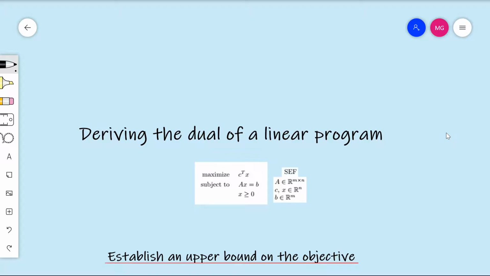Specifically, we're going to derive the dual of a linear program when that linear program is in standard equality form. So really, in order to start this topic, all we need to know is what a linear program is and what it means to be in standard equality form, and the associated terminology.